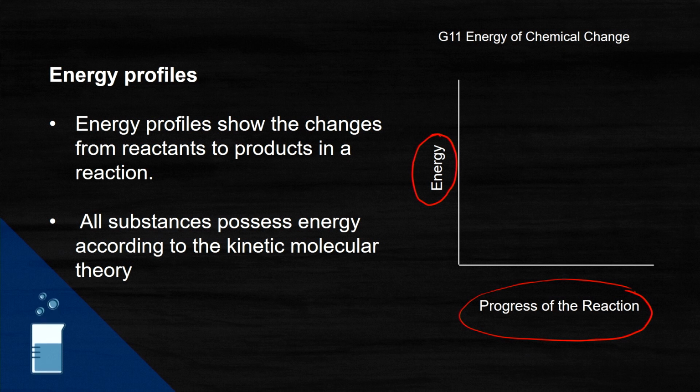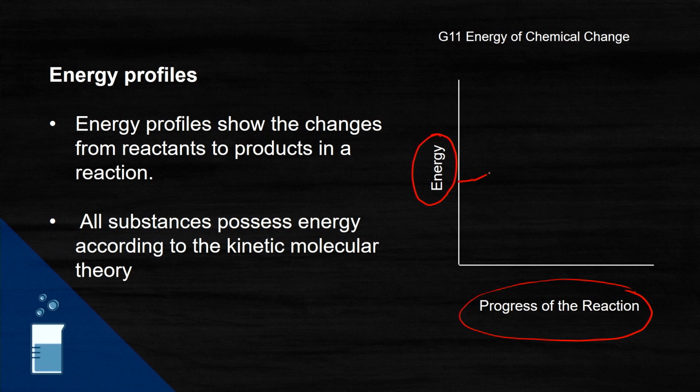And when we look at matter, we'll see that all matter has a certain amount of kinetic energy. So what will this profile look like? This is just going to be a general feel for what the graph is going to look like. We start with the reactants on the y-axis over there. Generally, there has to be an increase in energy. We speak about activation energy, and then the products are formed and they will have a certain amount of energy.